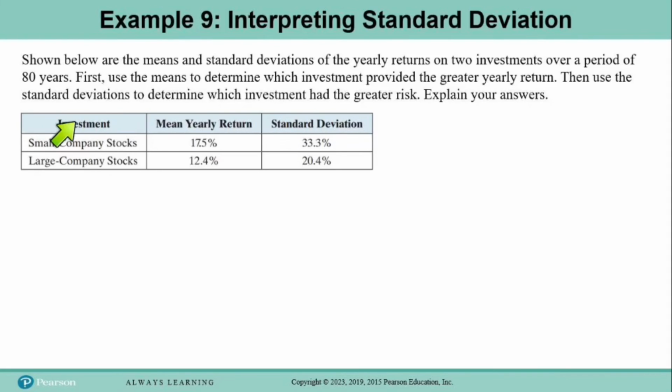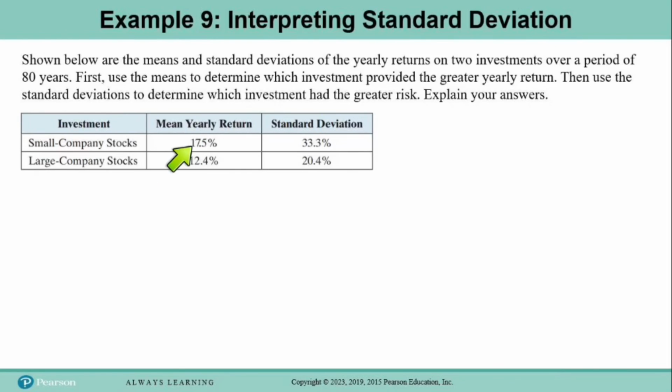Explain your answer. Okay, so we can see here that for the small company stocks, they had a mean yearly return of 17.5% and a standard deviation of 33.3%. And then the large company stocks had a mean yearly return of 12.4% and a standard deviation of 20.4%.